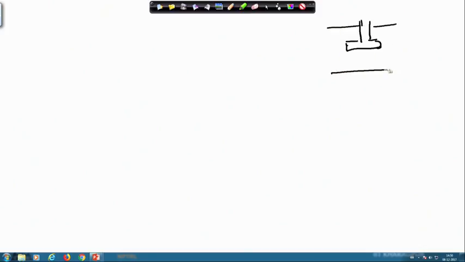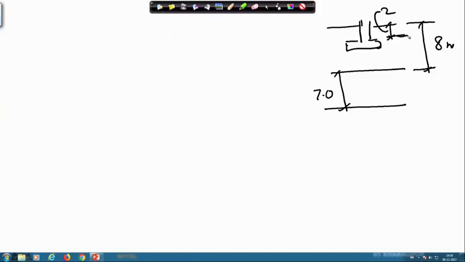From here, this is 7 meter and this is 8 meter, and the water table is at 2 meter from here. This is the water table, and the soil properties given here are 19.8, here 19.8, and here 17.1. So, this is the information we have.